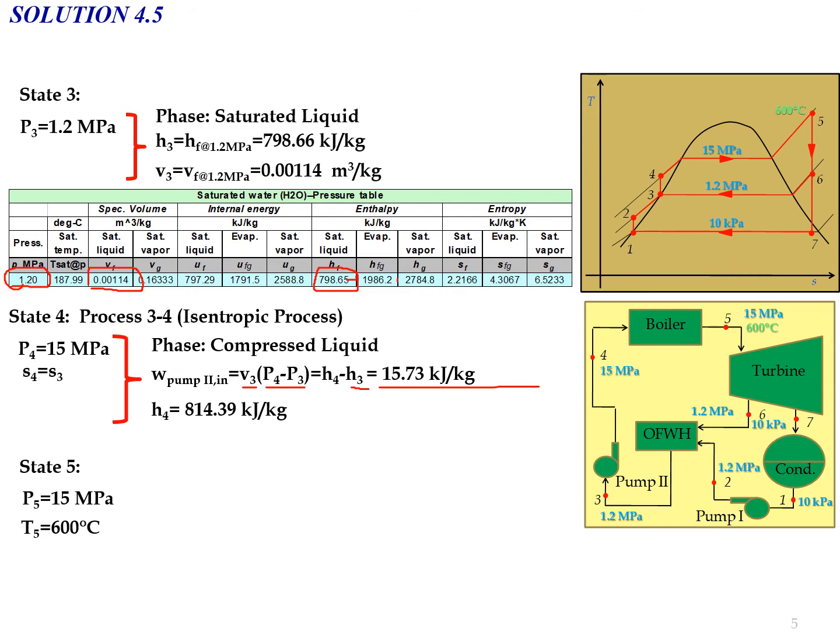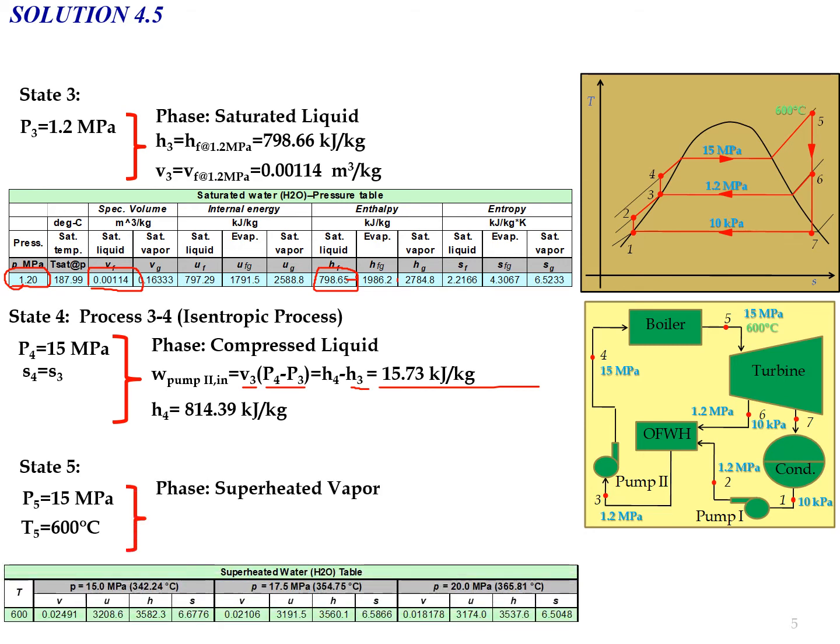megapascal, and the temperature at state 5 is equal to 600 degrees Celsius, and it is in the superheated vapor region. Actually, before we justify it is superheated vapor, we should look into the 50 megapascal saturated water table, to see whether the saturation temperature is higher or lower than 600 degrees Celsius.